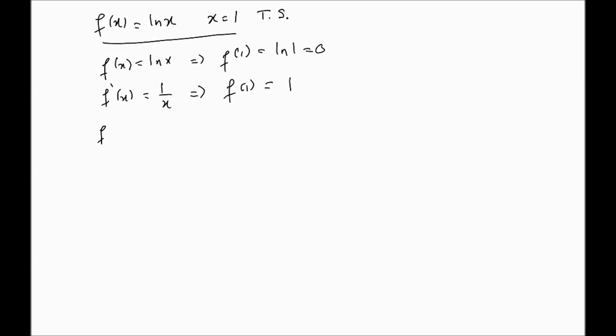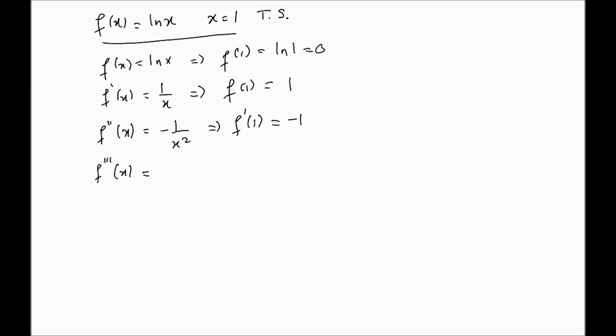Okay, f double dash, the second derivative, is minus 1 over x squared, which implies that f double dash of 1 is minus 1. Next term. We'll need a few terms, because we will need the nth term here, so we need to look at a few terms in this particular case.